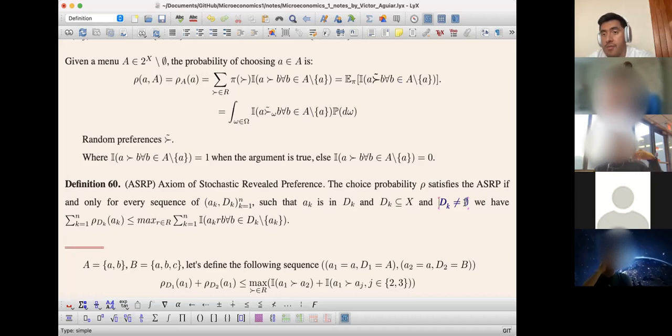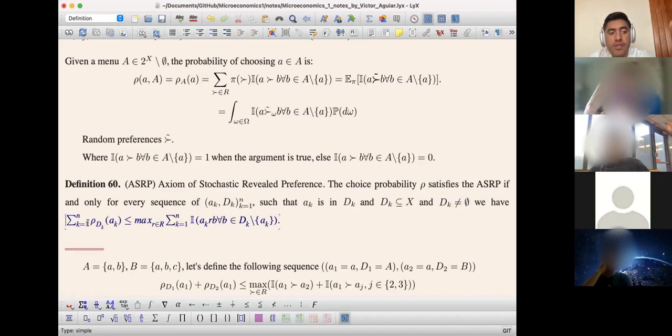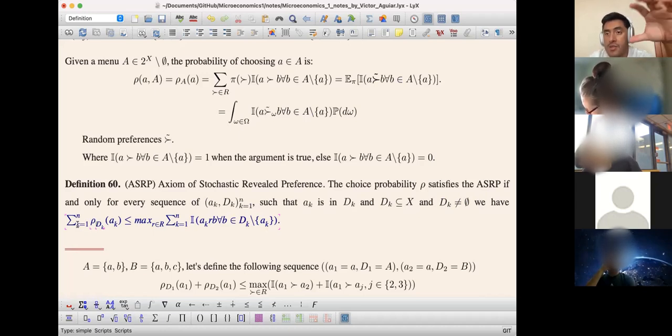And then the axiom requires that if I sum over the probabilities of choice of a_k in menu D_k, and I sum over the sequence from 1 to N, then this has to be bounded above by the following number, which is essentially a sum over indicators.